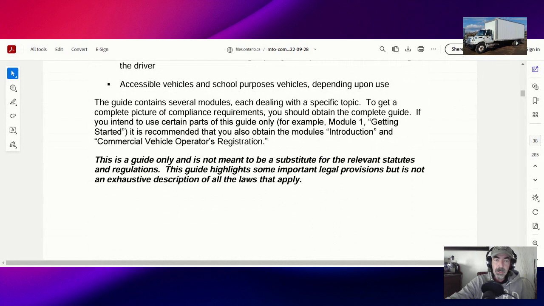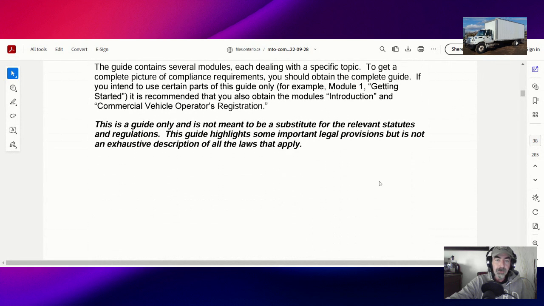This guide contains several modules, each dealing with a specific topic. To get a complete picture of compliance requirements, you should obtain the complete guide. If you intend to use certain parts of this guide only, for example, Module 1, Getting Started, it is recommended that you also obtain the modules Introduction and Commercial Vehicle Operators Registration.